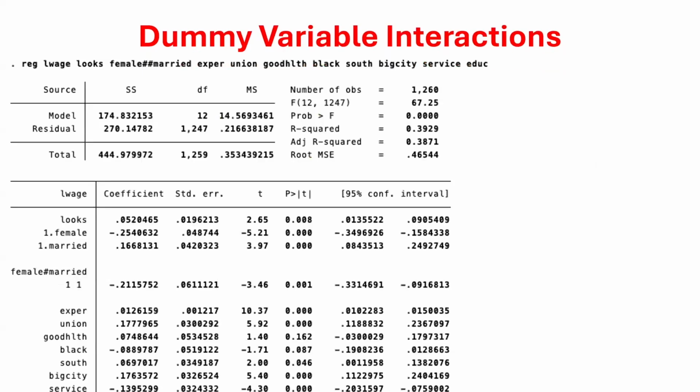So if I include that interaction term, notice what do we end up with? Well, the effect of being female still looks like it's negative, right? It's an even larger amount. The effect of being married is still positive. But what is that effect now of being married? It's only for what group? If it was the effect of females, what would the effect of being married be for a female?